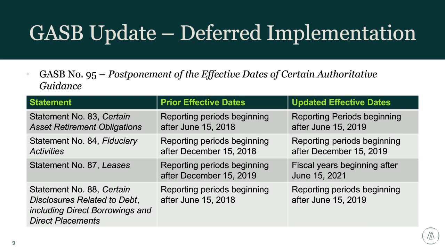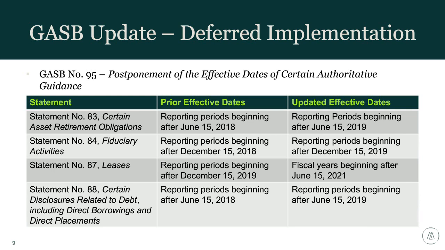In Statement 97, the board has decided to limit the application of the financial burden criterion regarding contributions to post-employment benefit plans to only defined benefit pension plans and defined benefit OPEB plans that are administered through trusts. Prior standards had presumed that Section 457 plans were not pension plans and therefore were not subject to pension plan reporting requirements.